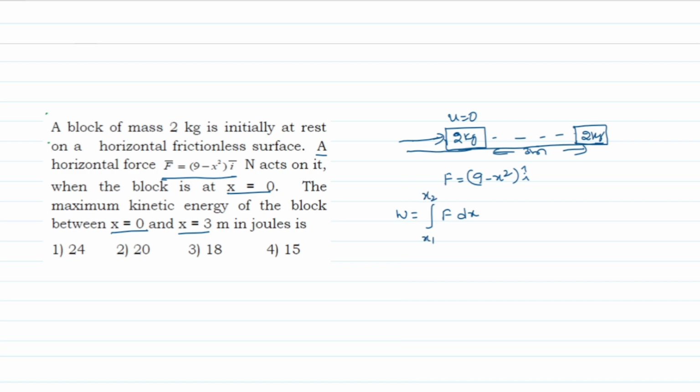Work done is the change in kinetic energy according to the work energy theorem, which equals the integral from initial distance 0 to final distance 3 of 9 minus x square into dx. When integrating, we take integral of 9 dx within the limits 0 to 3, minus integral of x square dx within the limits 0 to 3.